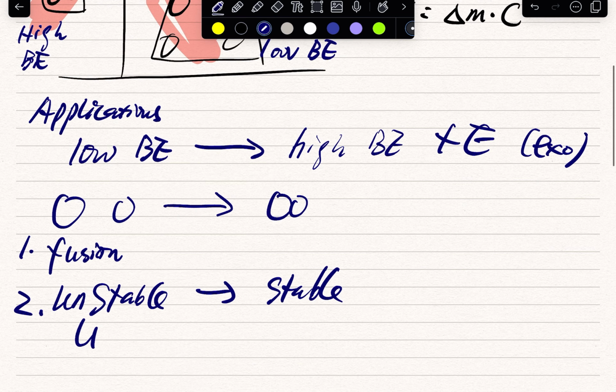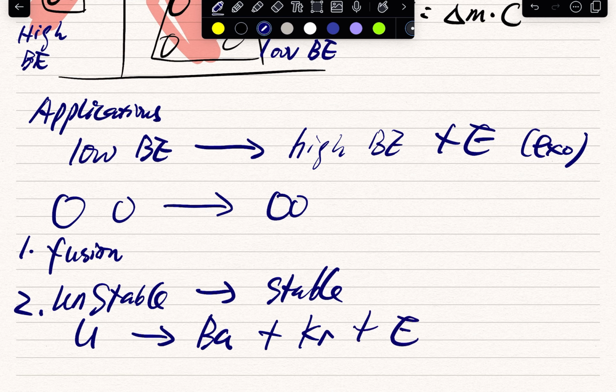The very famous example is the uranium gets split into, I believe it's barium and krypton, right? Okay, and then in this case, energy will be released, right? It's also going from low binding energy reactants to high binding energy products, okay? So this is called fission.